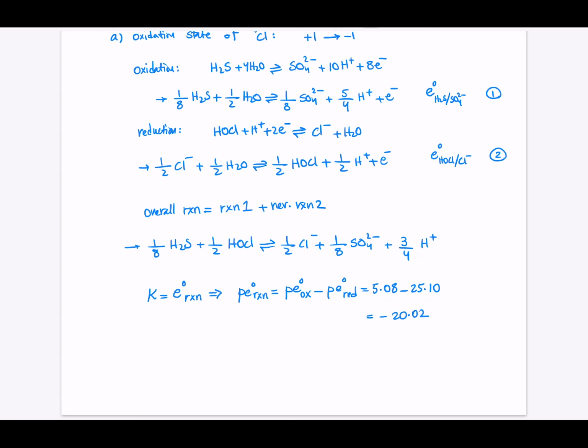So again, we could calculate this based on the K values if it was given, but this one, because it's standard, we can basically quickly calculate it using the formula we had.